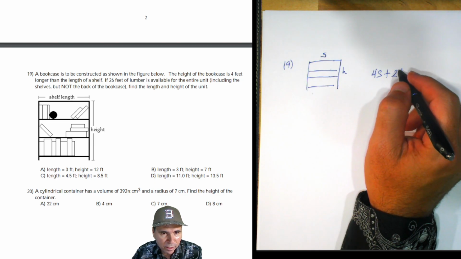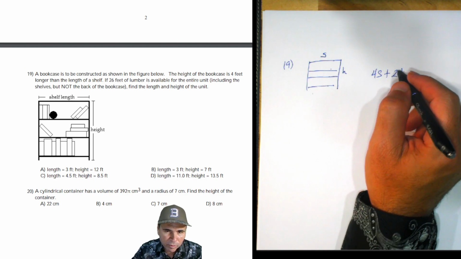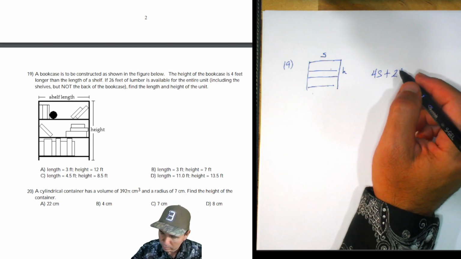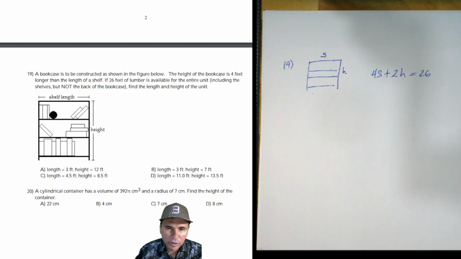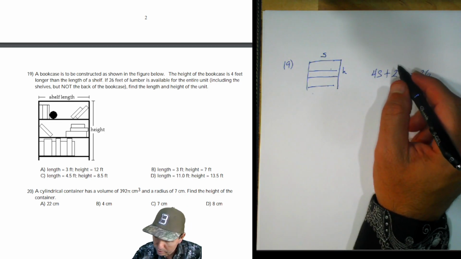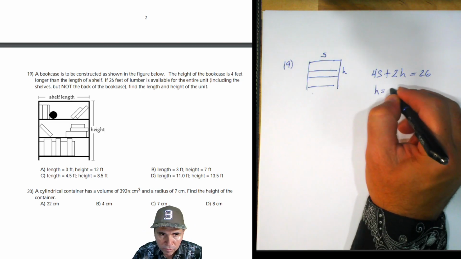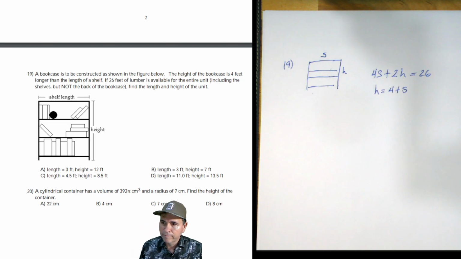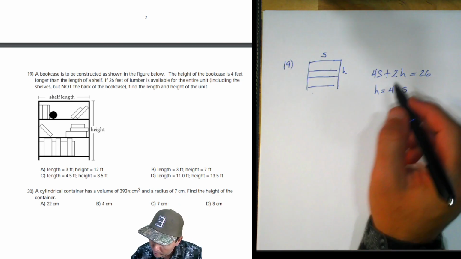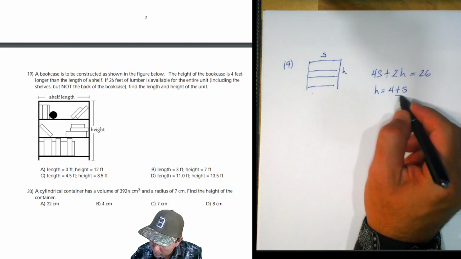And they tell me that if 26 feet of lumber is available, so we know that this is equal to 26. And we know that the height of the bookcase is 4 feet longer than S. Okay? So what I'm going to do is substitute this for that.